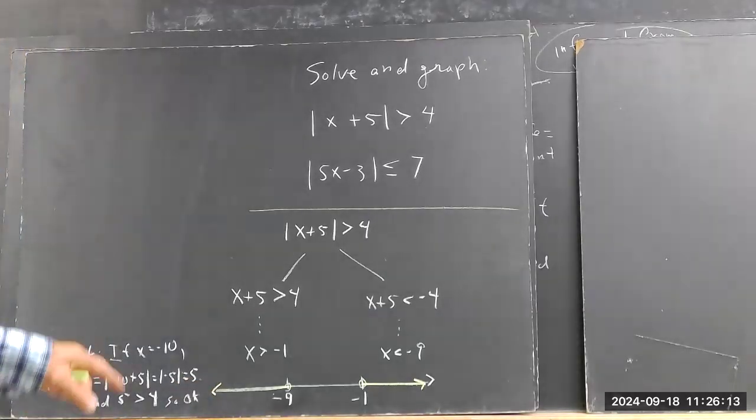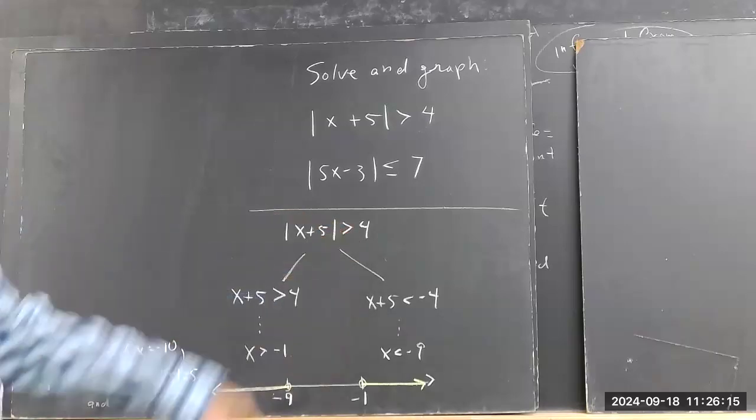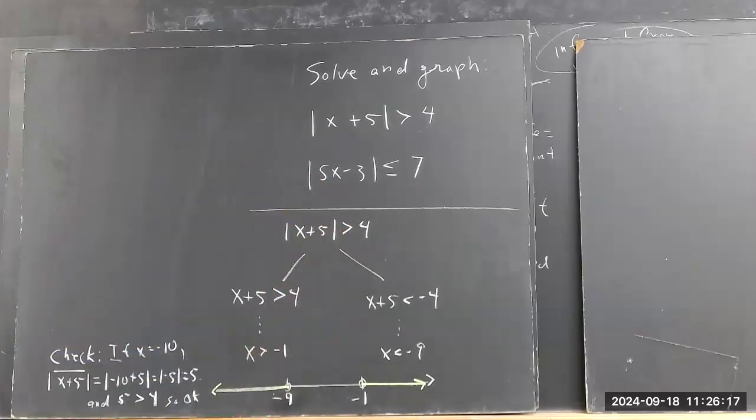Okay. That's a -10, you just plug it in, and you find that what you get is greater than 4, right? Want to convince yourself a little more, go to -11. You're going to get 6.